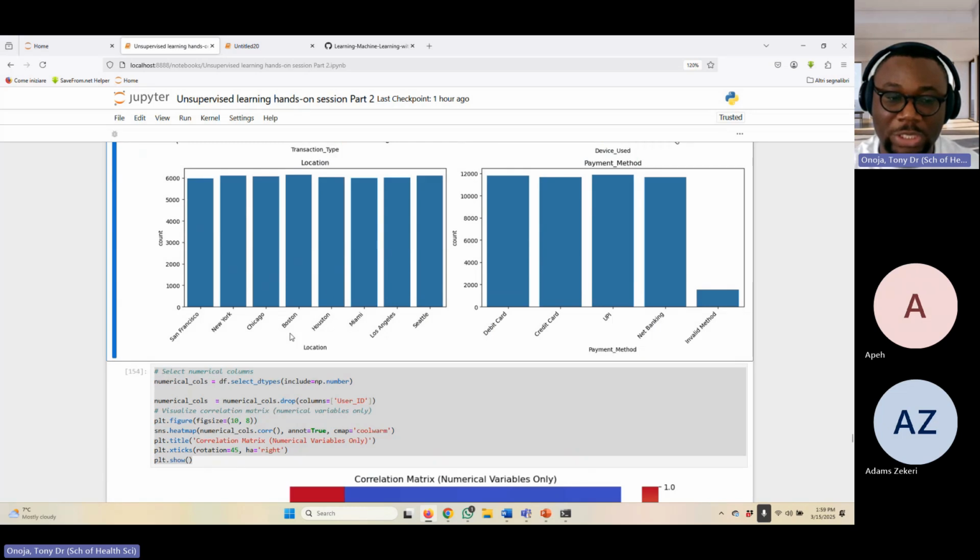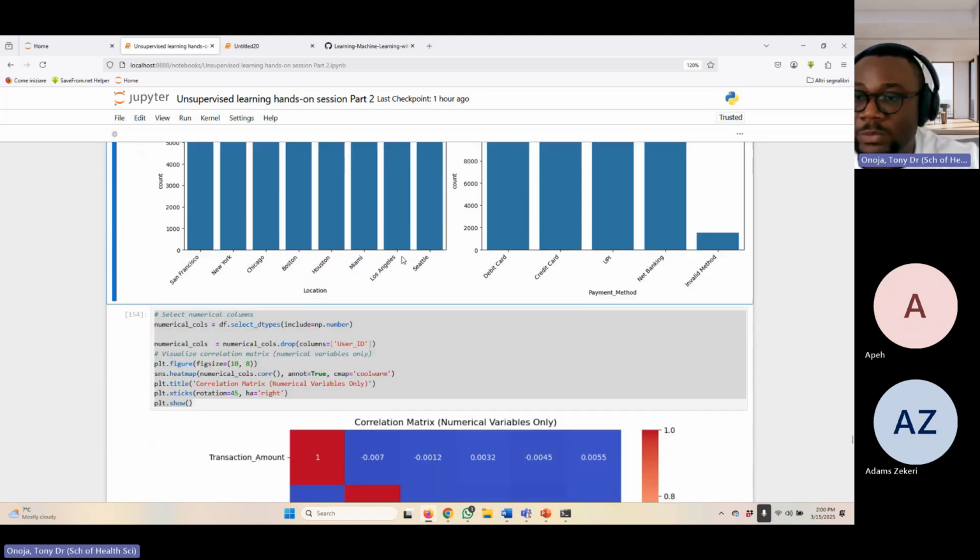And then on the location that these fraudsters operate from, I think the highest was Seattle, followed by Boston, and then New York. And I think the lowest was probably within San Francisco, Miami and Los Angeles.